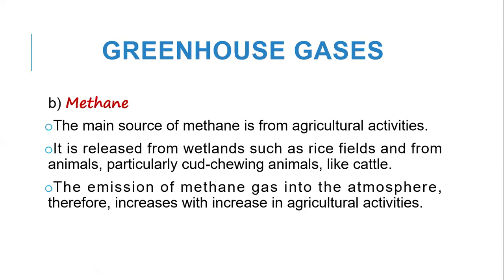Now, the emission of methane gas into the atmosphere therefore increases with increase in agricultural activities. So when agricultural activities increase, the emission of methane gas increases also. Likewise, if agricultural activities reduce, the emission of methane gas reduces too.